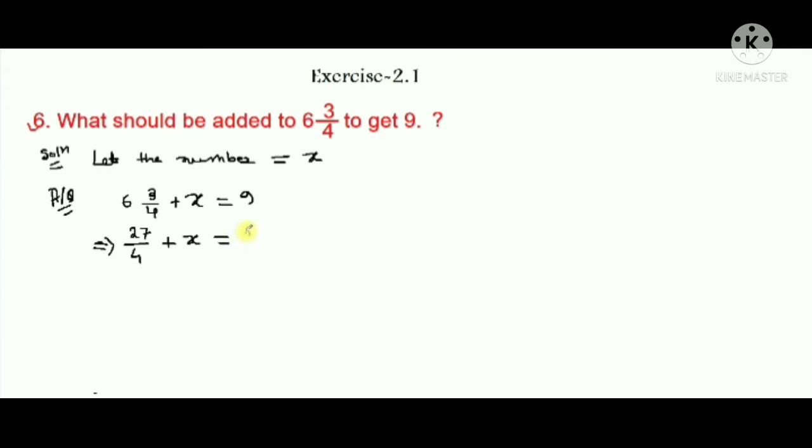Okay, so now we'll change the side. You see, if you change this 27/4 from left to right, then the plus sign will become a minus sign. Okay, now x is there and 9 is there, right?